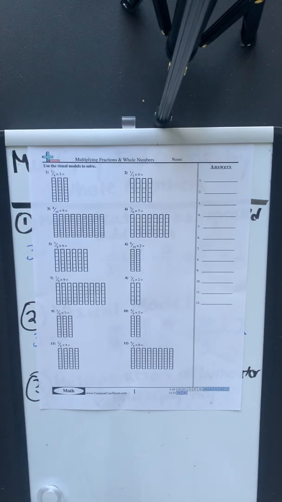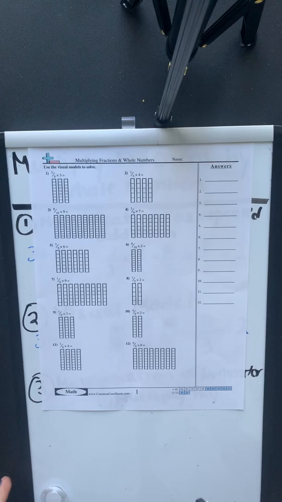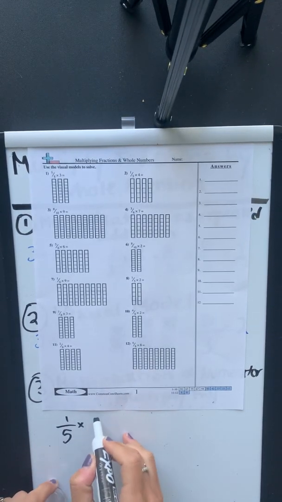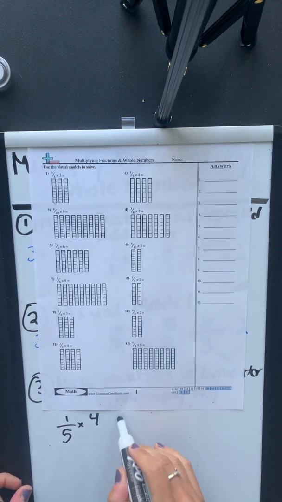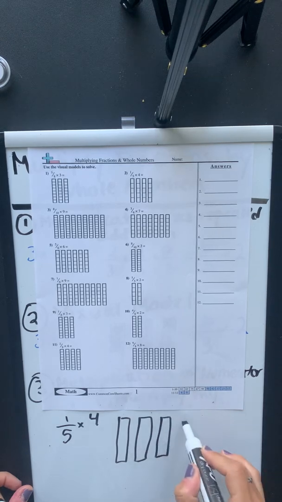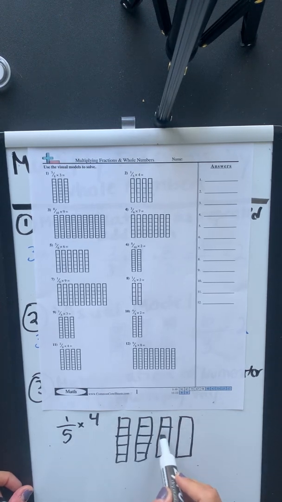I'm going to model number 2 for you guys. It's up here at the top, okay? So for number 2, I have 1/5 times 4. If I'm using my visual models, I know I have 4 groupings of fifths. So 1, 2, 3, 4, 5. Sorry.